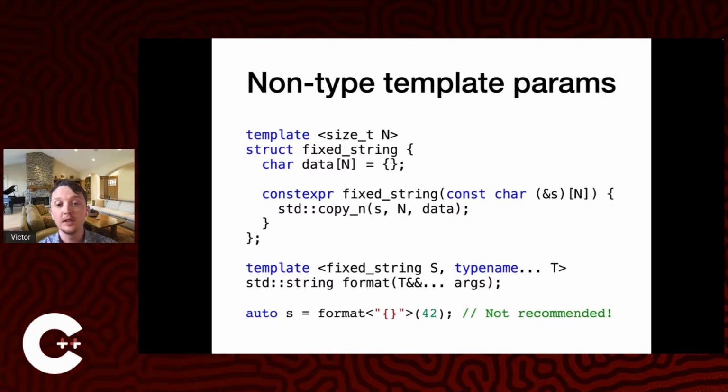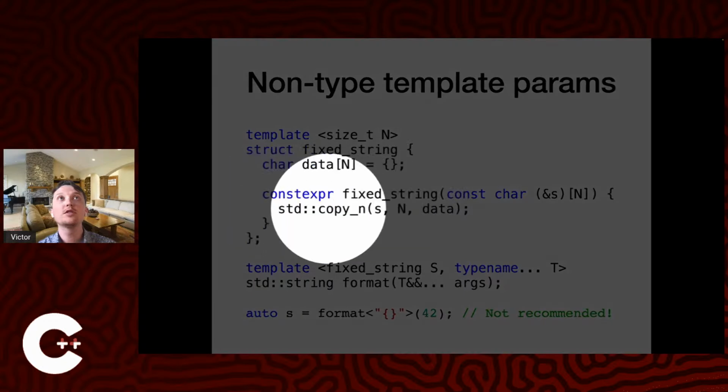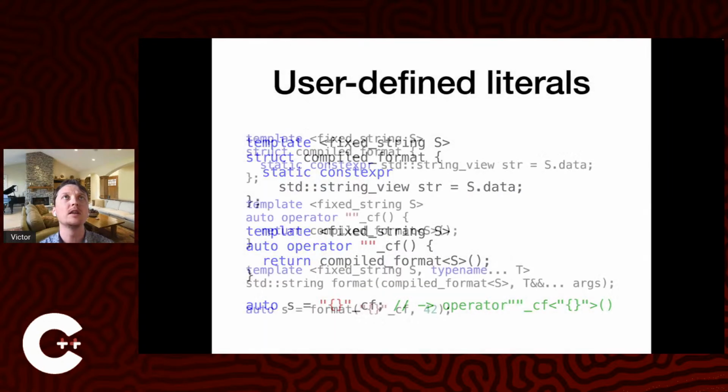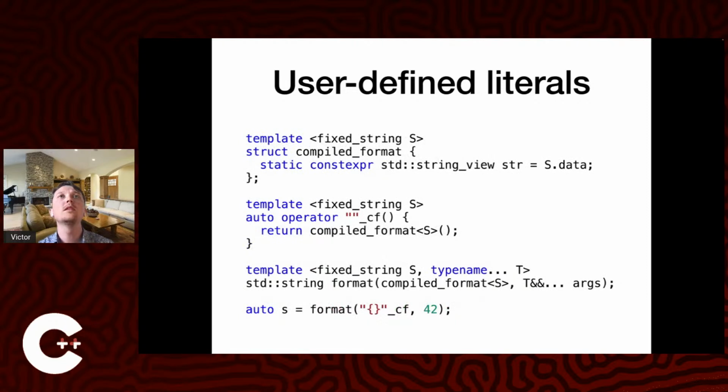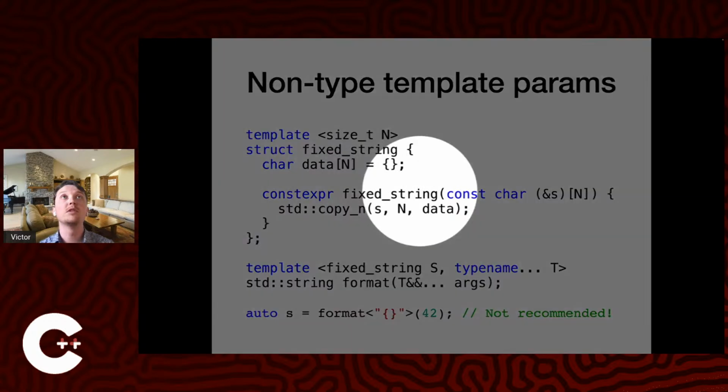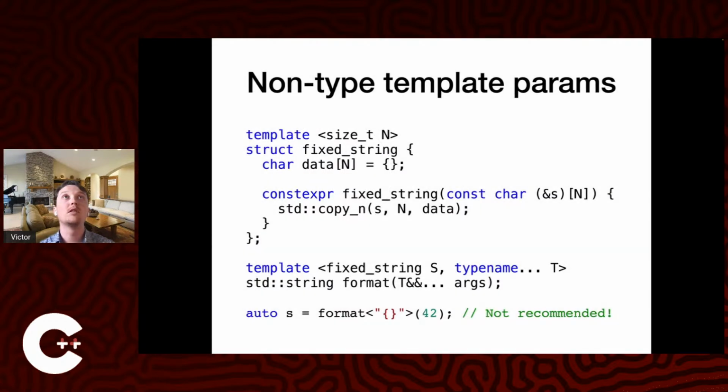We can introduce a class template called fixed_string here, and it has a constexpr constructor, which takes an array of chars, where you can pass a string literal, and it stores it internally in the data member variable here.